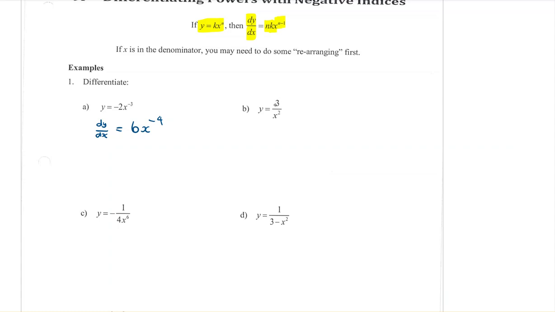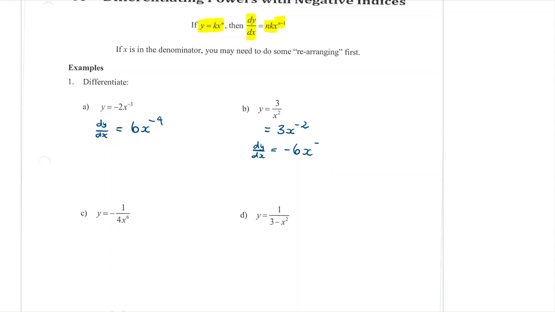So because this is in fraction form, before I differentiate it, I need to rewrite that by bringing the x squared up, and that would mean it will become a power of negative 2. So then I can differentiate dy over dx equals, bring the negative 2 down the front and times with the 3. That makes negative 6.